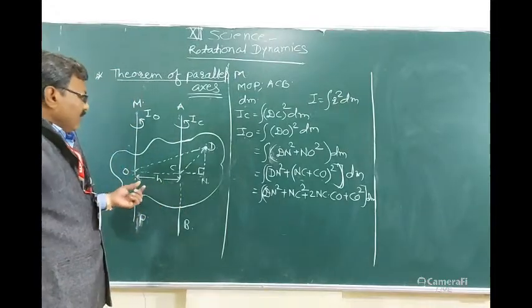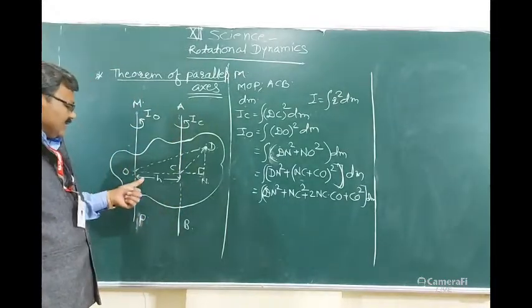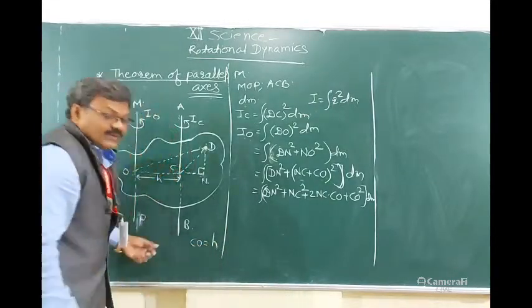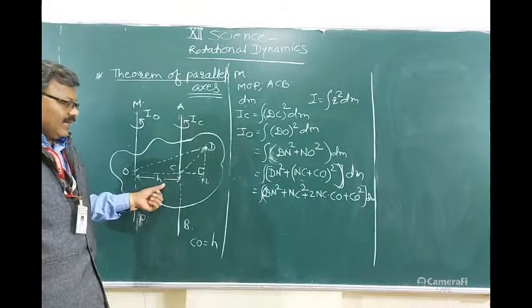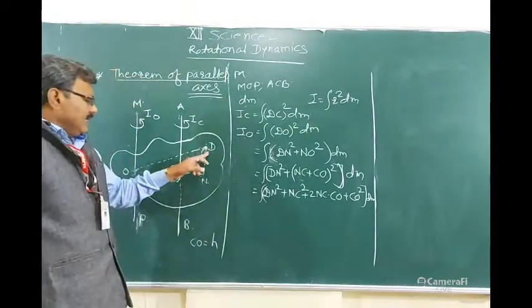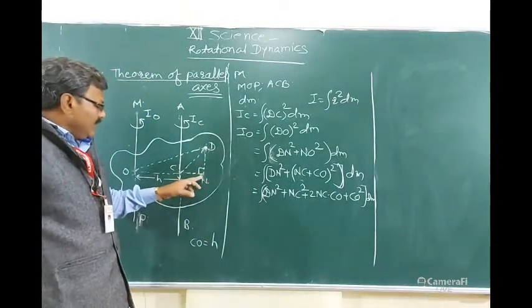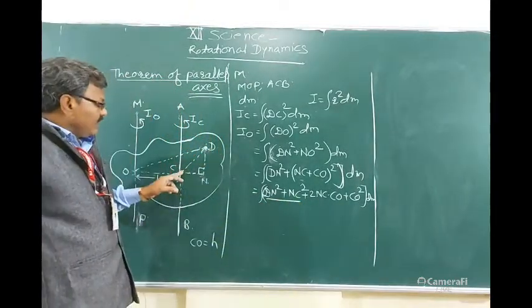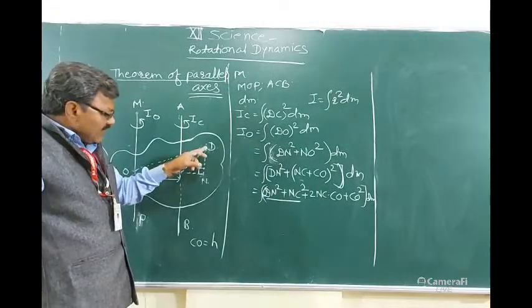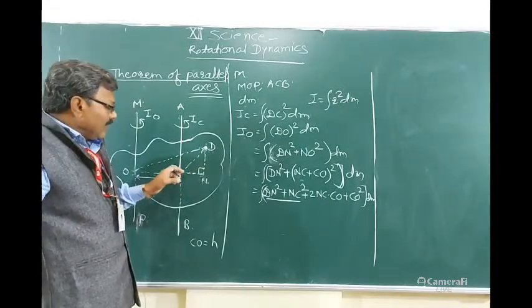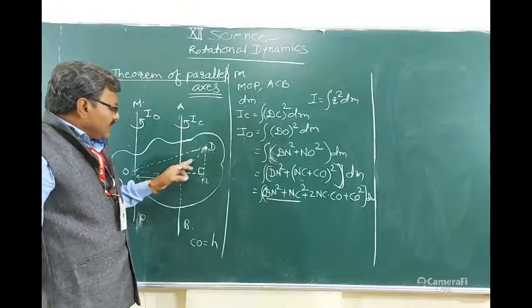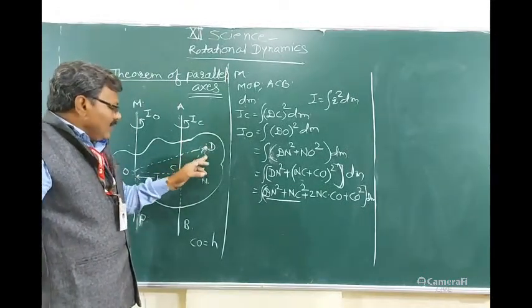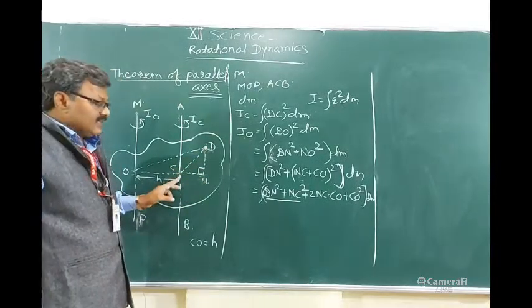Now, this CO, actually this axis is at distance h from this axis. Therefore, this CO or OC is equal to h. Also, this DN square plus NC square, again by using the Pythagoras theorem in the small right angle triangle, this CD square or DC square is equal to DN square plus NC square.